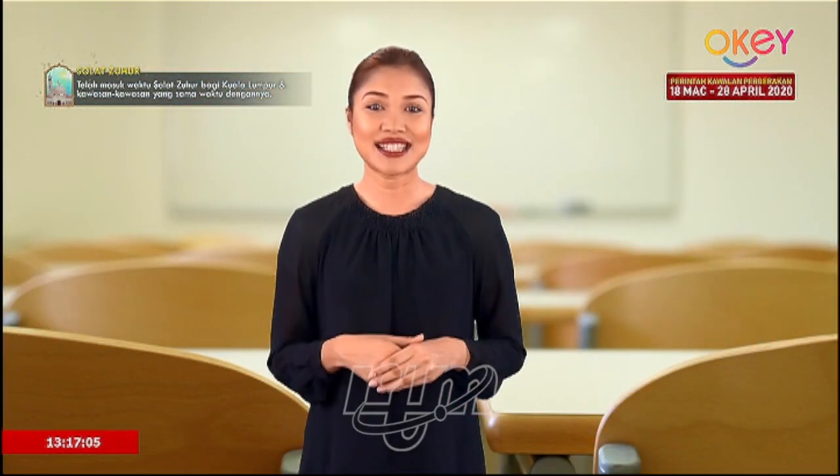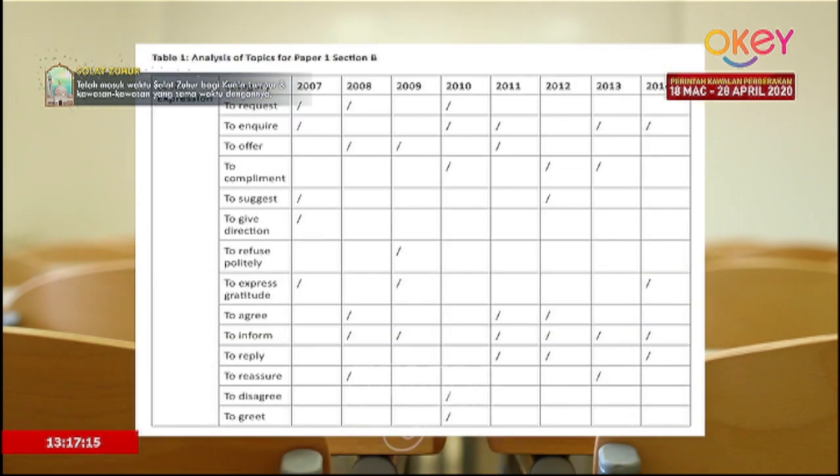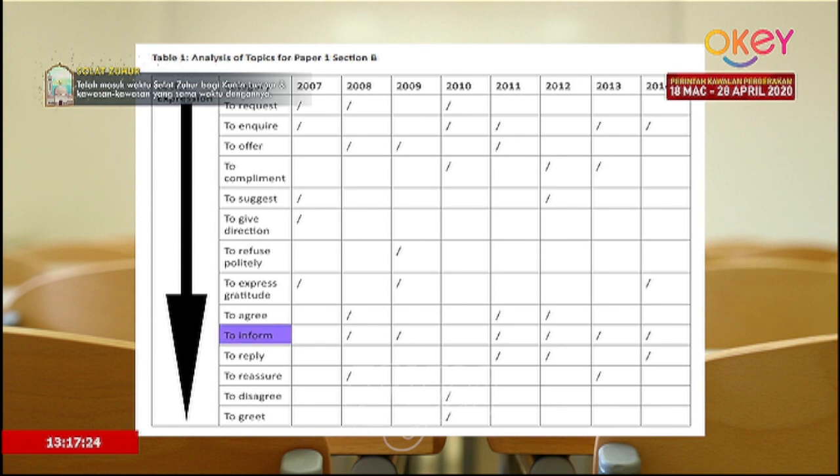Now let's analyze the topics that appeared in the past. From this table, we can see that there are various social expressions that have been asked in the UPSR. There are 14 topics ranging from to request to greet. The most popular social expression is to inform.